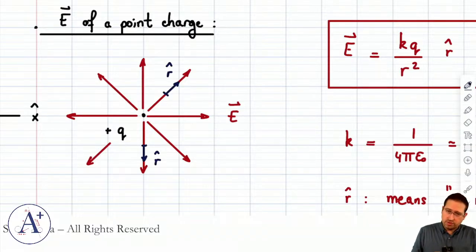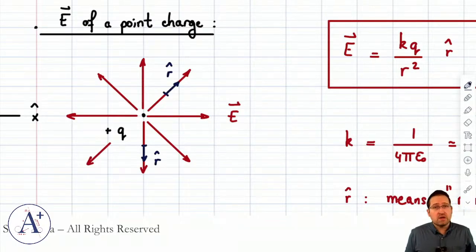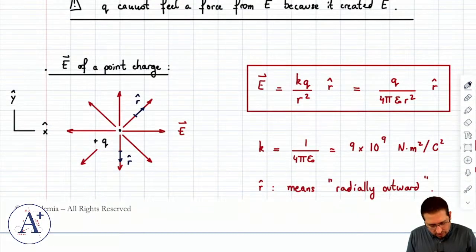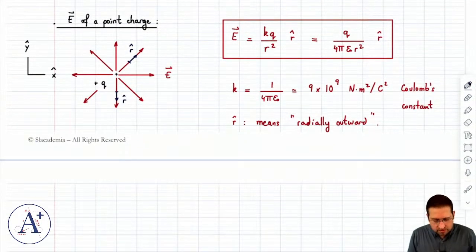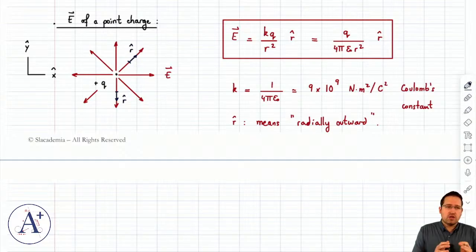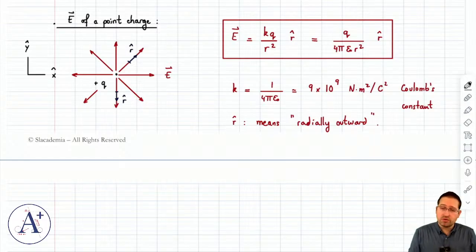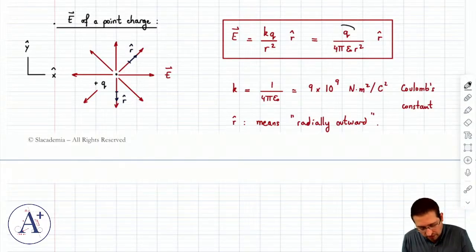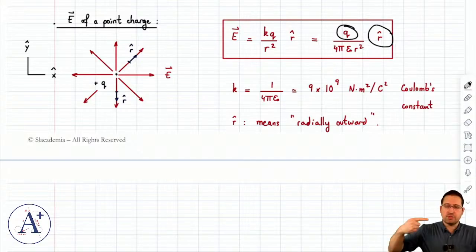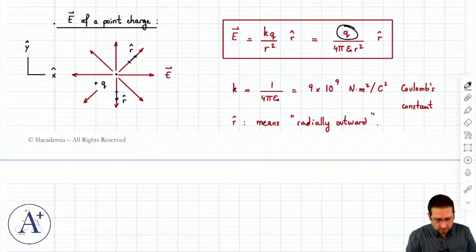X hat will always point to the right. That never changes. R hat, well, will point in whatever direction it has to point so that it's radially outward. Okay, so we need to talk about r hat because, again, r hat is a very useful quantity to get one single formula like this one that is a compact formula that works for both positive charges or negative charges, because if the charge is negative, minus r hat will just mean radially inward, so it's going to work.